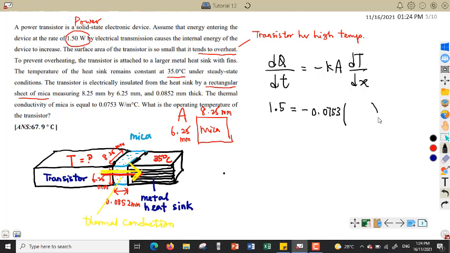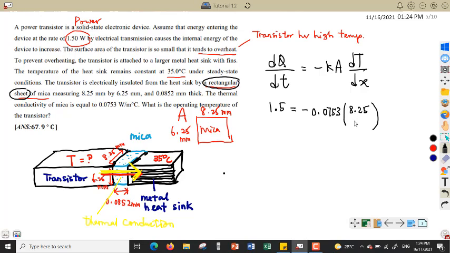The area of the nickel: because the nickel is a rectangular sheet, the area of a rectangle we can calculate by multiplying both sides.